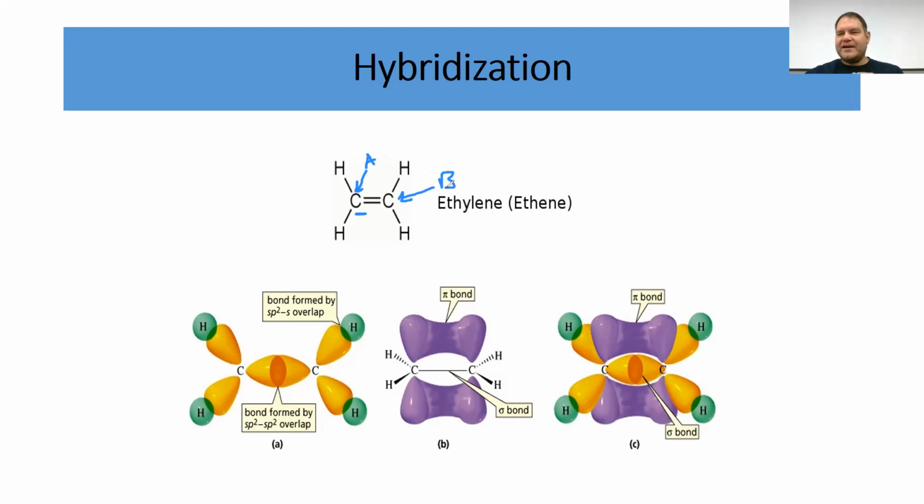So the way to find hybridization, this little trick that I came up with, okay? What you're going to do is start with one of the bonds and count the domains around the central atom. So there's one domain, two domains, three domains, right? So 1, 2, and 3.